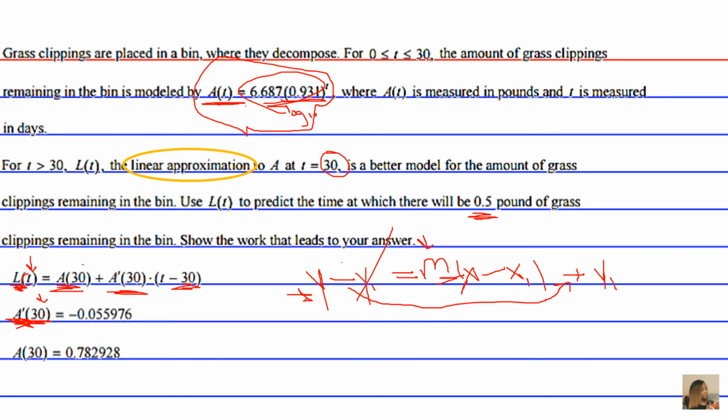Sorry for the lag, I'm trying to make an arrow. Okay, there you go. And then solve for this t. When we let L of t be equivalent to 0.5 pounds, we get a t of 35.054 days. So that's a little beyond the 35th day, around 1 a.m. or so.